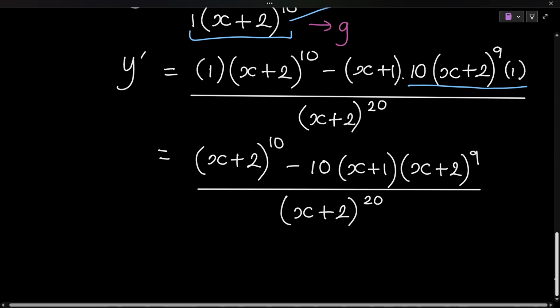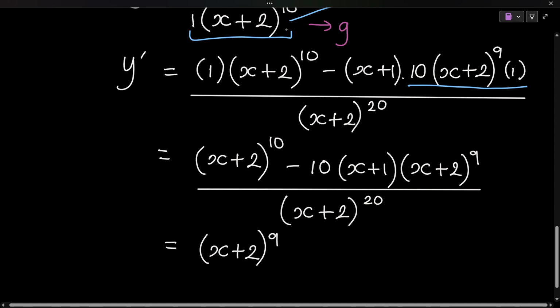Now, part of simplifying is for you to factorize if possible. If you look at your numerator, you've got two separate terms, and both terms contain brackets that have x plus 2 to the power of something, where the first term has x plus 2 to the power 10, and the second term has x plus 2 to the power 9. What is common between both terms is x plus 2 to the power 9.